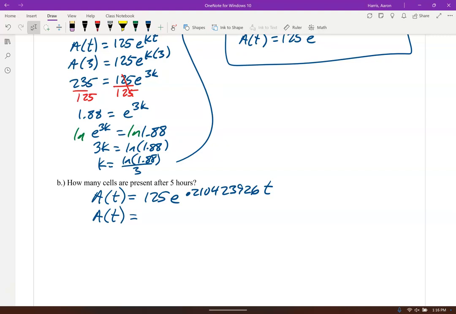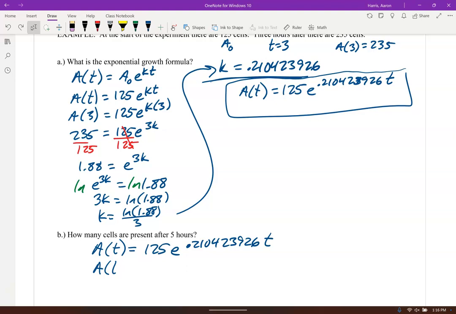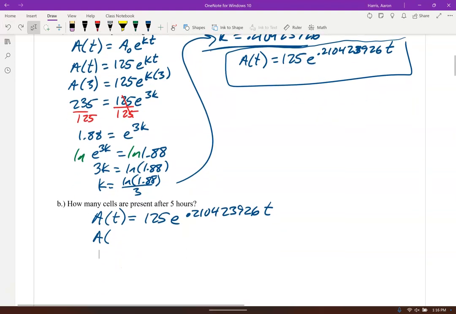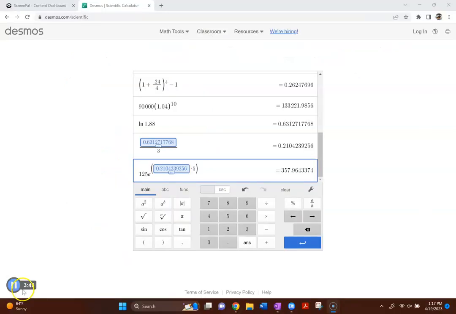Okay. And now we're just going to punch this in for t equals 5. That's what I meant to do here, 5. And let's punch that in. Let's see what we get. Go ahead and punch that into decimals there, you guys.